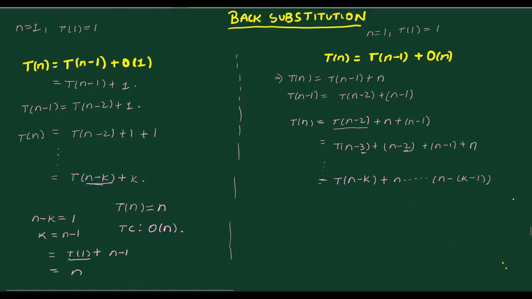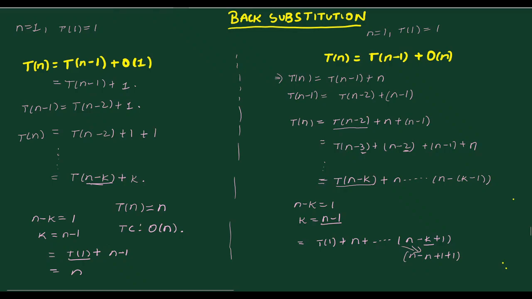So this will break when n minus k becomes equal to 1, or k becomes equal to n minus 1, right? So this will become t of 1 plus n till n minus k plus 1, and in place of k put n minus 1. So this will be n minus n plus 1 plus 1, right?